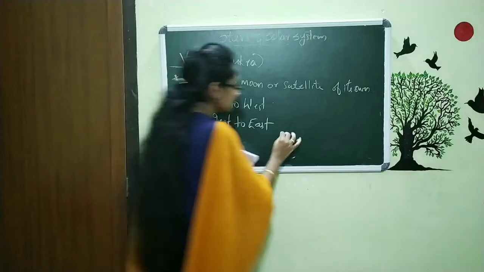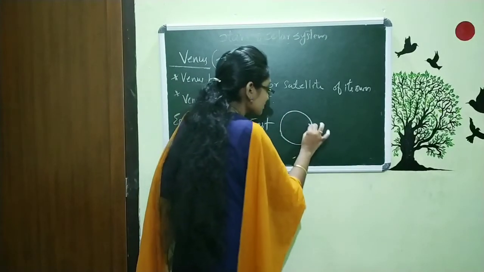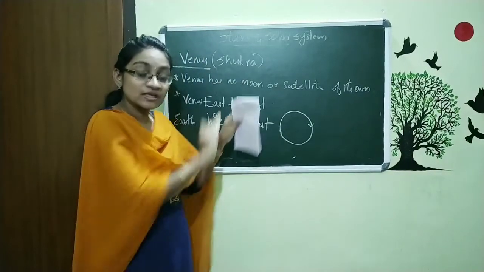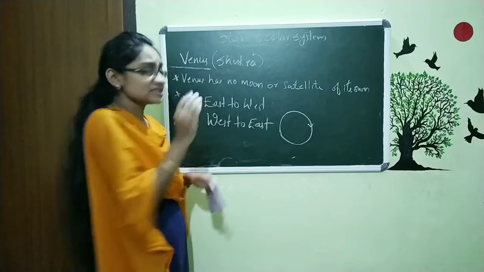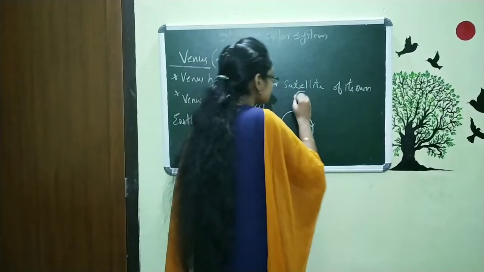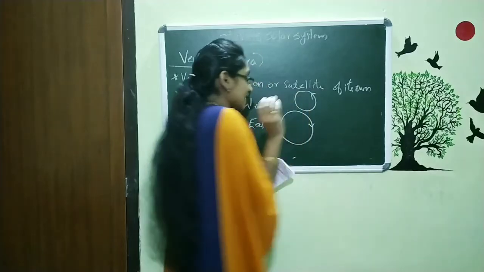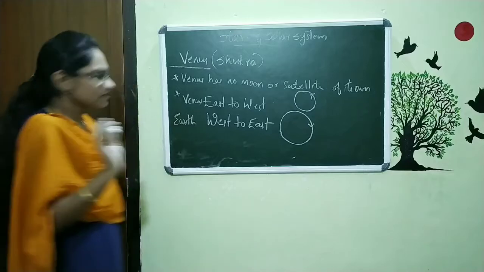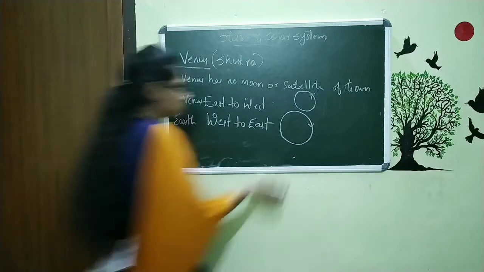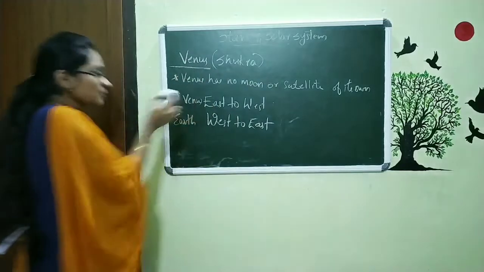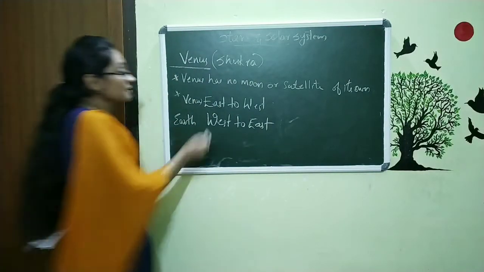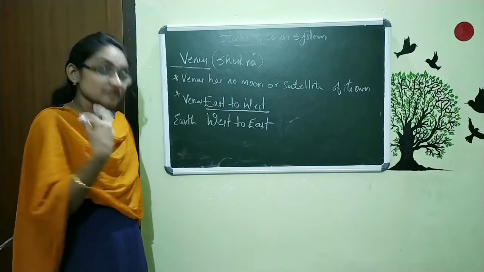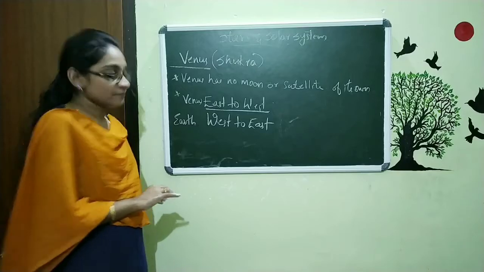West to east means clockwise rotation. Clockwise means the rotation like the needle of the clock. And Venus is rotating anti-clockwise, which means opposite to the needle of the clock. Don't worry about clockwise and anti-clockwise. Just focus here that Venus is rotating from east to west, which is actually opposite to the rotation of our Earth. Just put it in your mind.